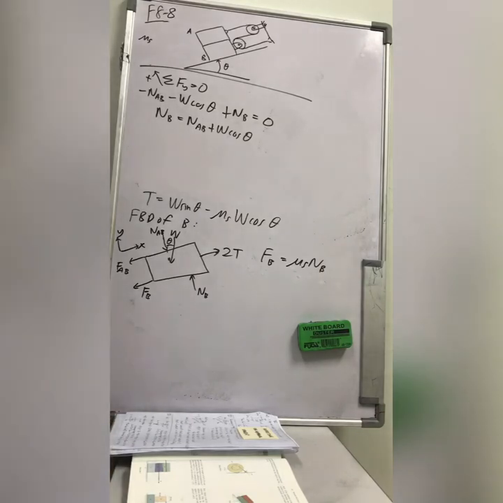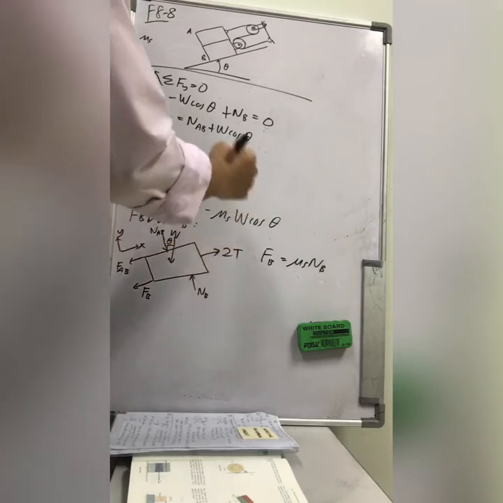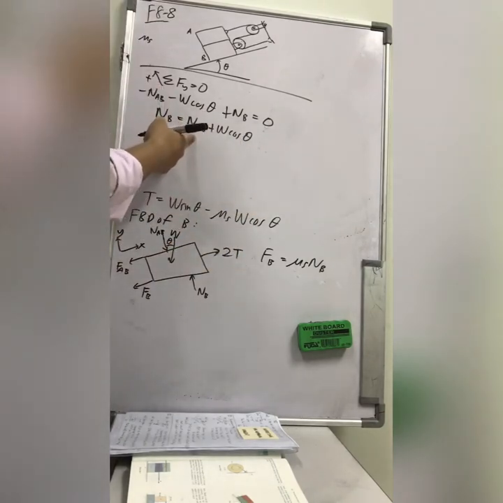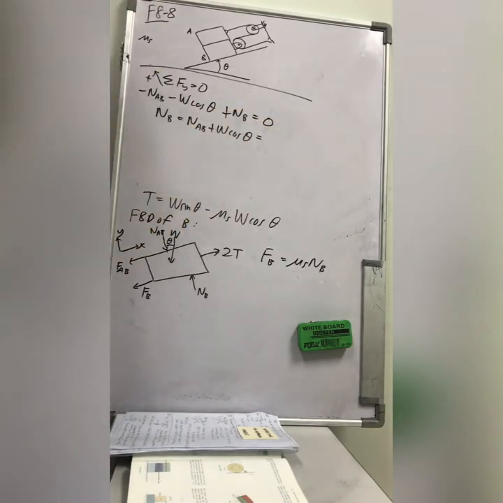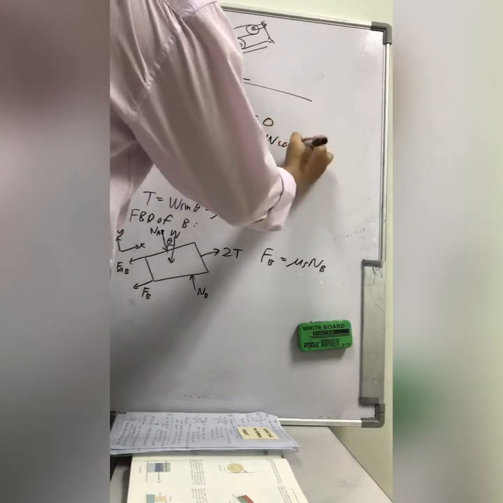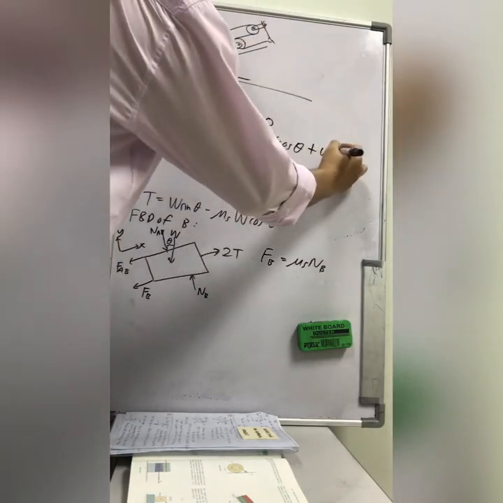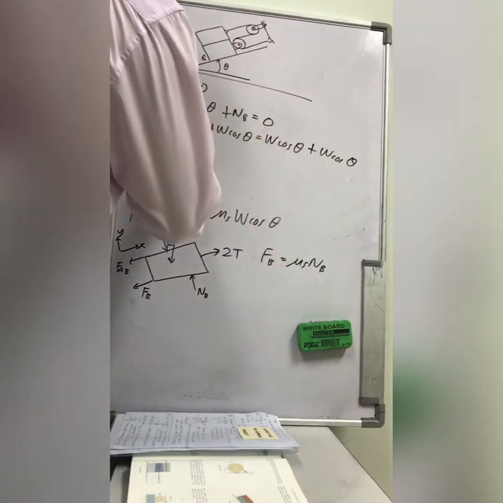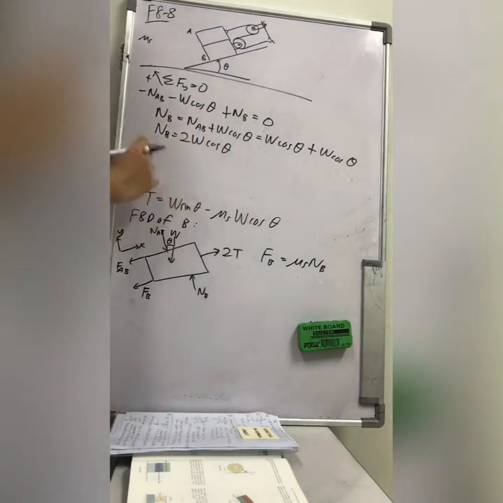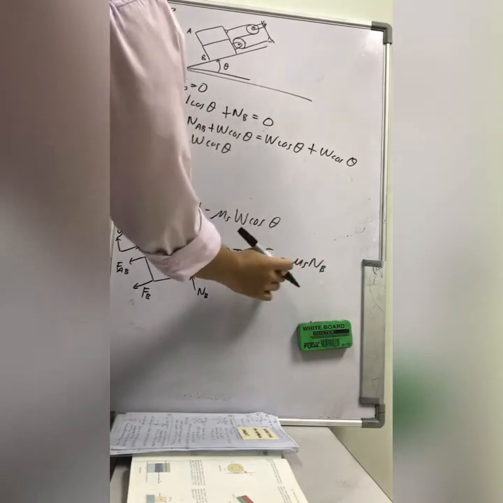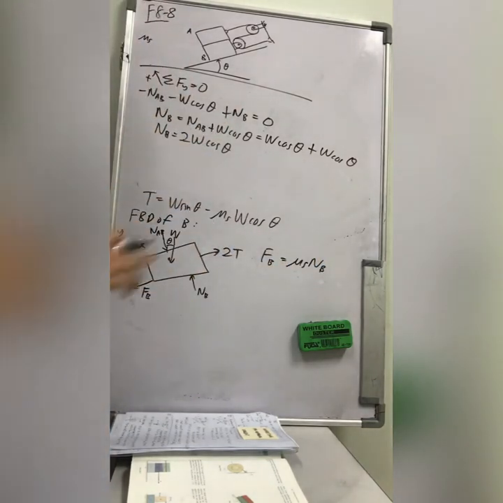And you know from before that your N_AB was W cosine theta, from block A, from the previous one, you can check that. So your N_B is actually 2W cosine theta. You just realize that you can put this N_B in later. Maybe you express F_T, but we'll do that later. And then you have done Fy equals 0.